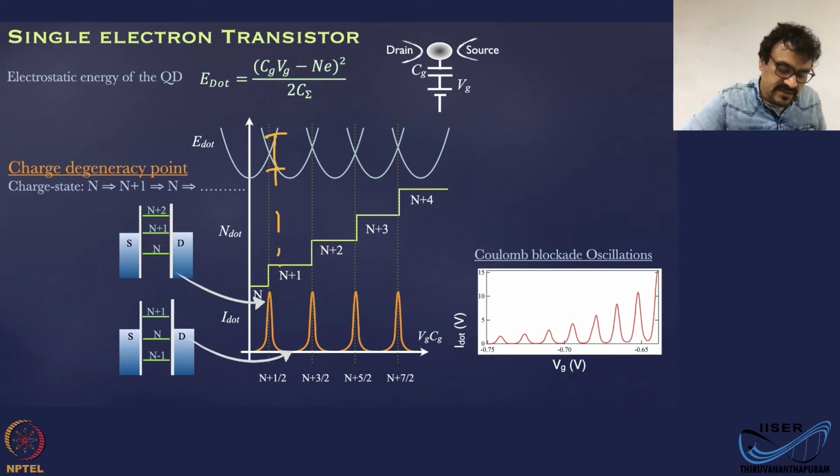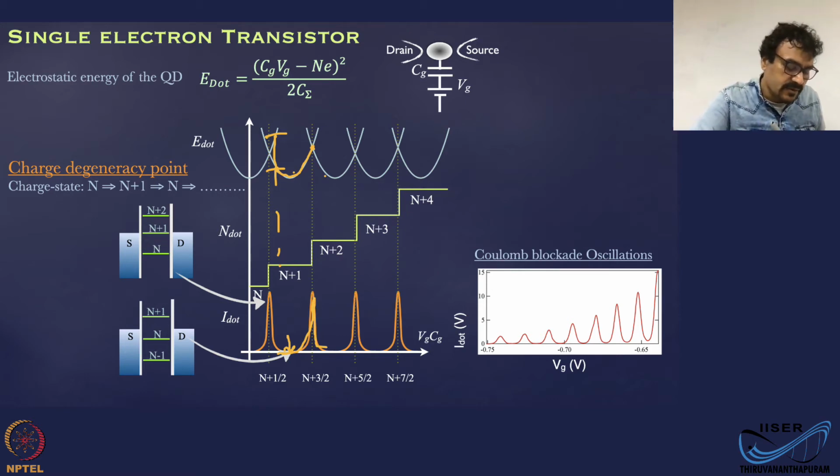And as you increase the gate voltage, you will reduce the current and you will reach a situation where the current is shut down. And if you go further, you are going to go through this parabola and eventually you will reach another point where n plus 2 and n plus 1 are degenerate. Then again you can get a current flowing through the system.